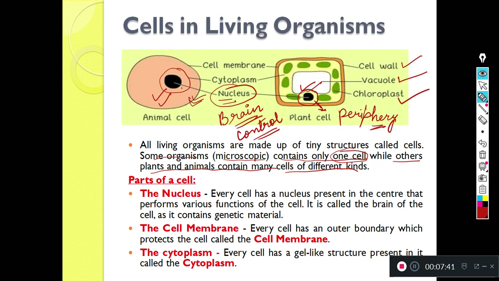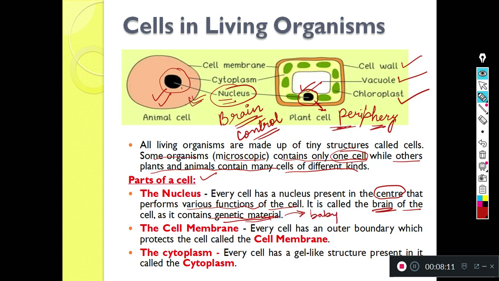So now parts of a cell: nucleus. Every cell has a nucleus, present in the center, that performs various functions of the cell. In a plant, you can see it is in the periphery, and in an animal it is in the center. It is called the brain of the cell, as it contains the genetic material, all the information which they have to pass to their babies.